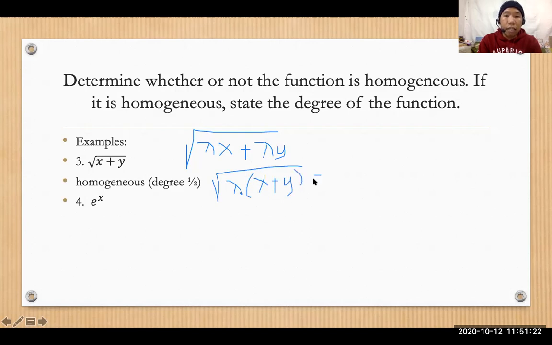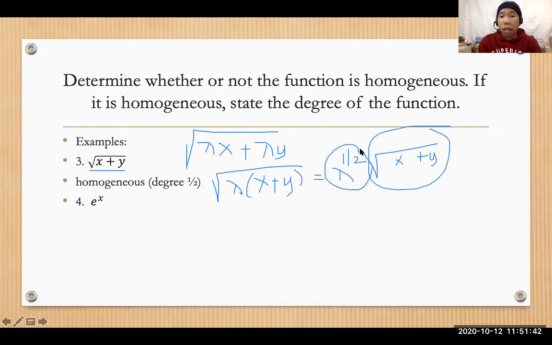So this is the square root of lambda times the square root of x plus y, or lambda raised to 1/2 times the square root of x plus y. As you can see, this will determine the degree of the given function. So 1/2 is the degree. As I mentioned earlier, the degree of a homogeneous function is not limited to whole numbers. It could be a fraction.